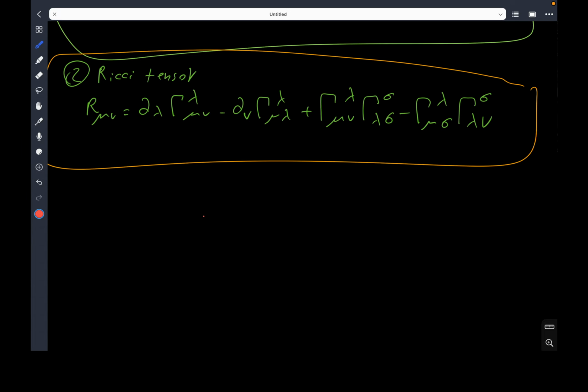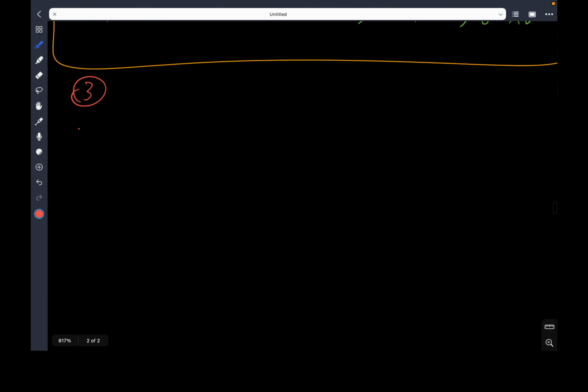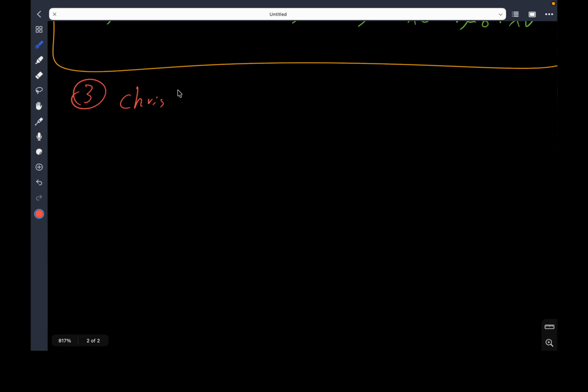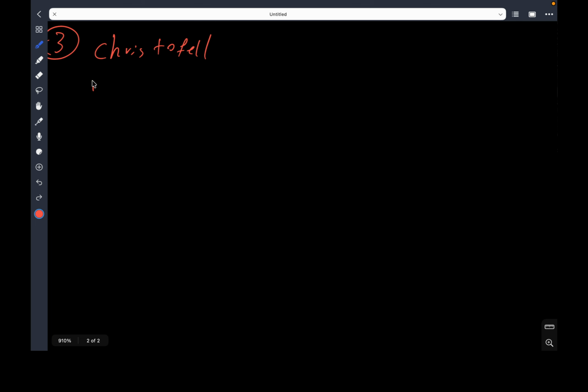Third is the Christoffel symbols. I don't know if I'm writing his name correctly, but the Christoffel symbols are defined as Gamma^rho_{mu nu}. I made a mistake here, sorry, I'm going to write it again.